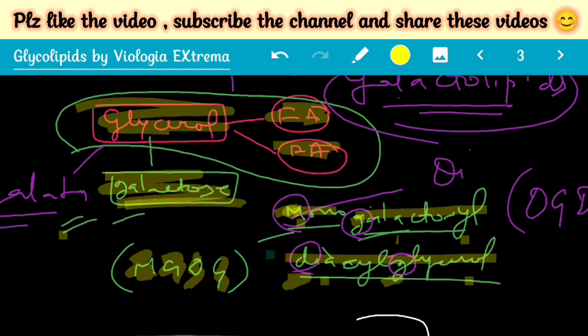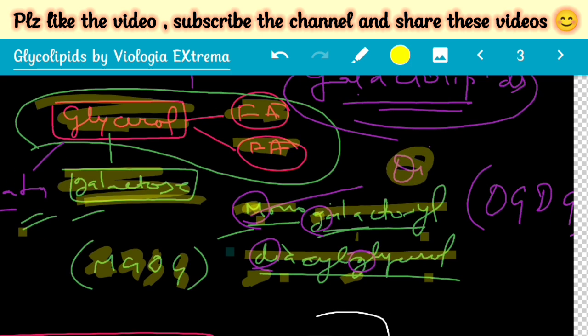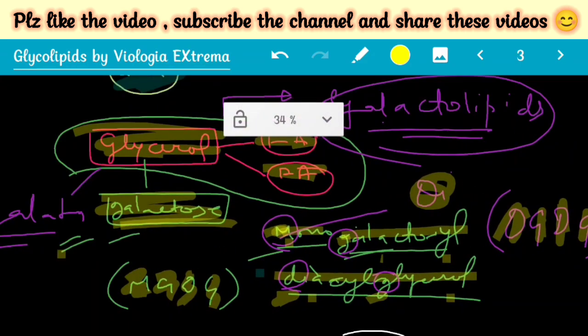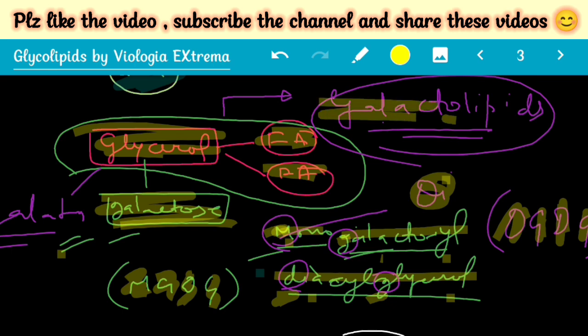And if I use two galactose molecules, then I put the term di instead of mono, and it is digalactosyl diacylglycerol. Due to this galactose, these are called galactolipids, and these are a type of glyceroglycolipids.